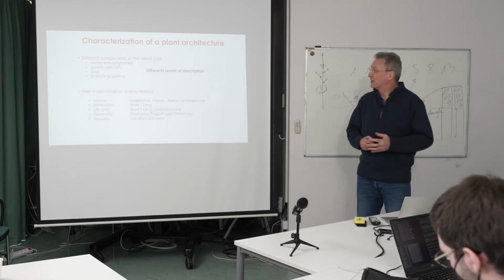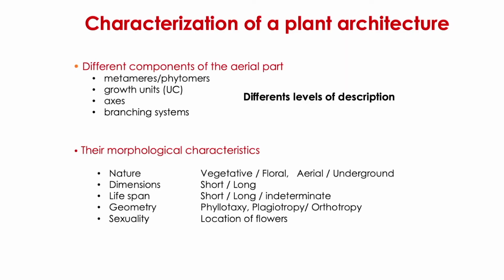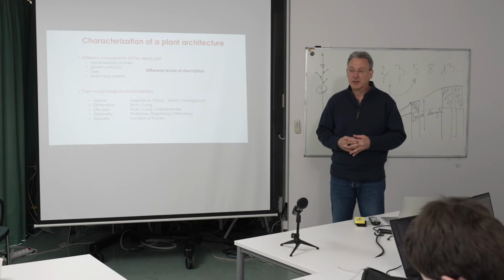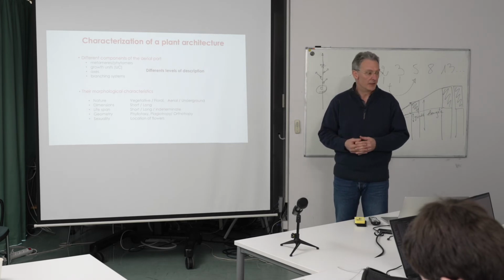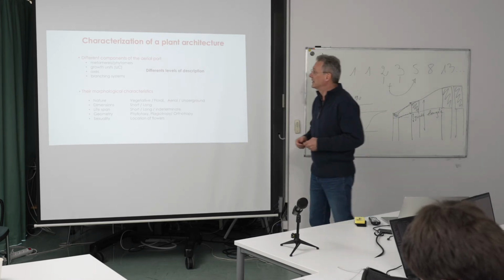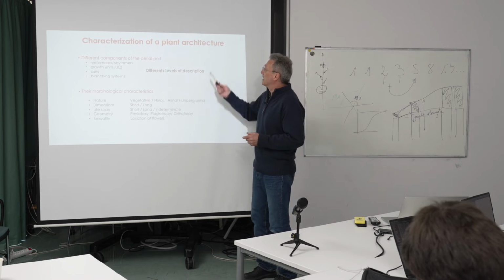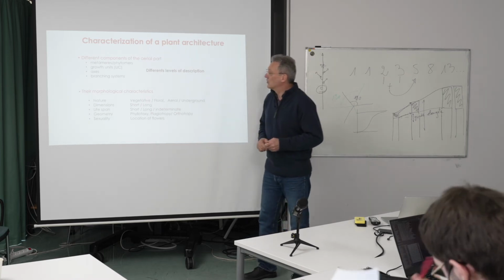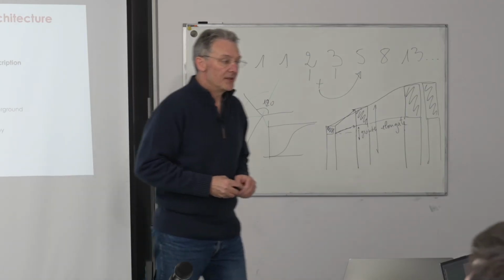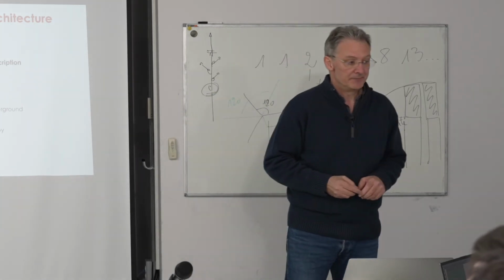Okay. So now we are close to the end of this brief presentation of what plant architecture is made of. We would like to understand how these architectures can be characterized.